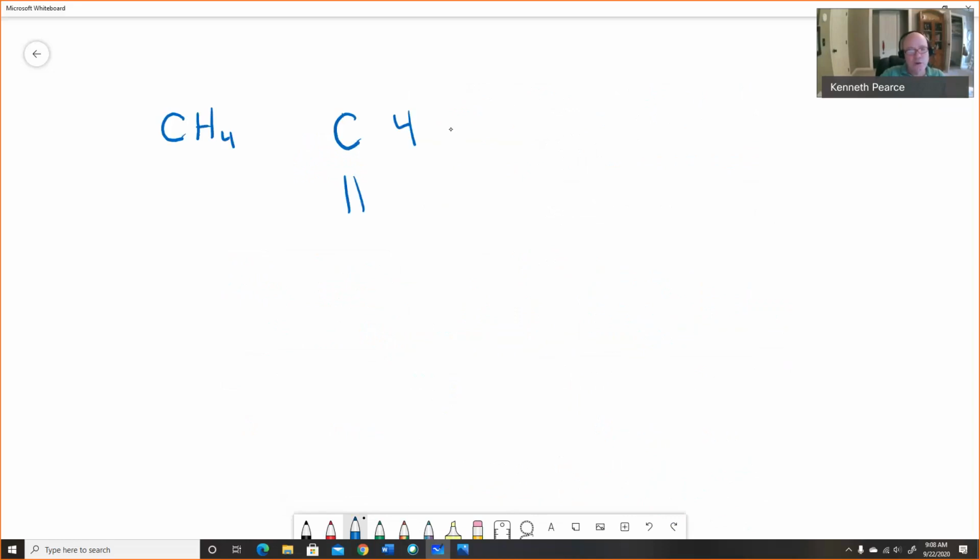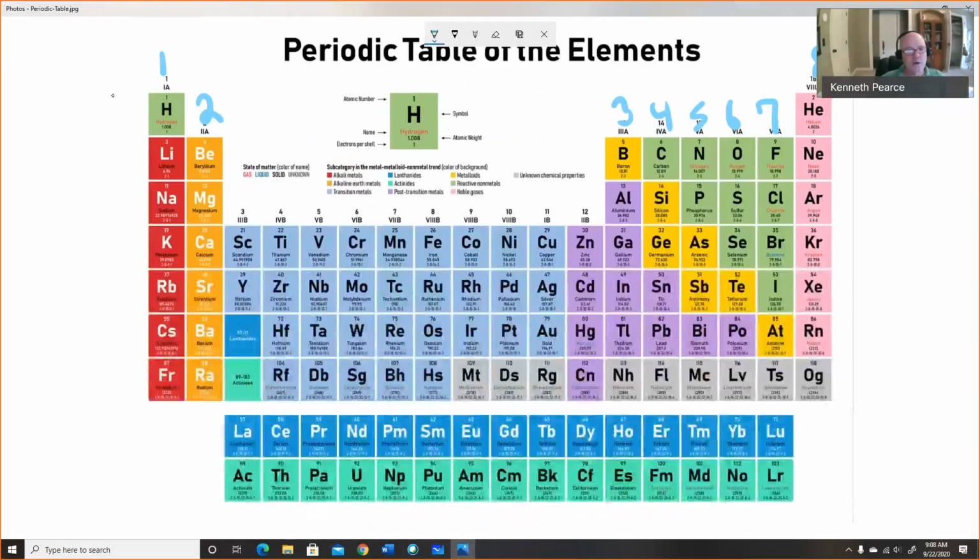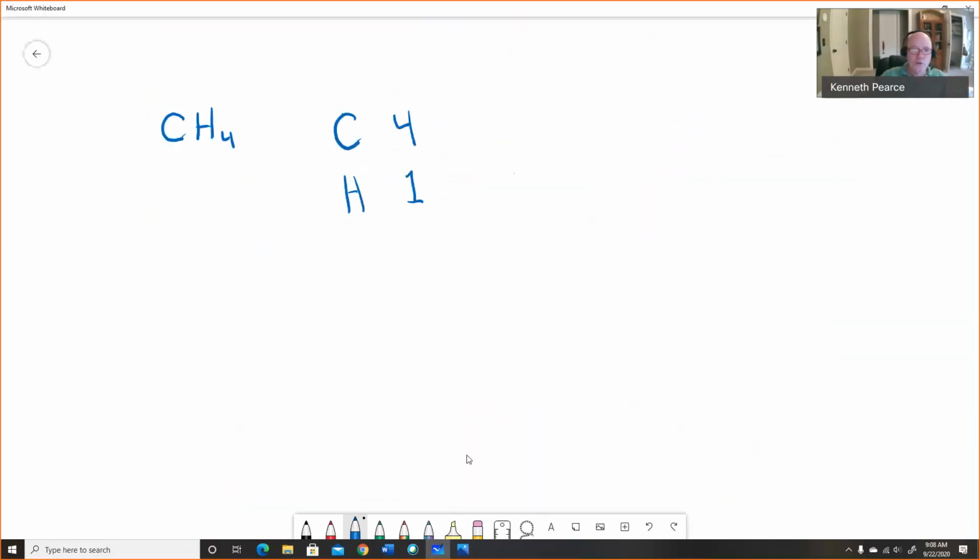And each hydrogen has 1 valence electron. So you can see the hydrogen is in the 1 block and carbon is in the 4 block. But there's 4 hydrogens, so we say times 4, and that gives me 4, and 4 plus 4 gives me 8 total valence electrons to work with.